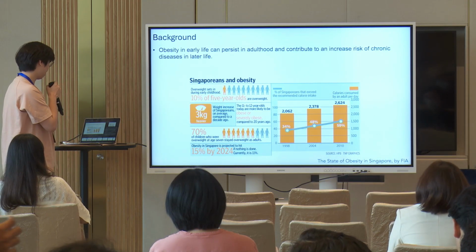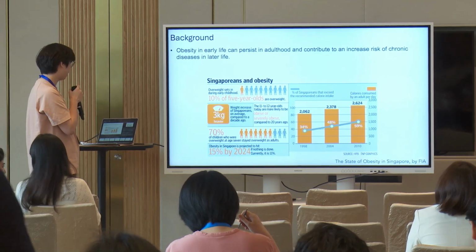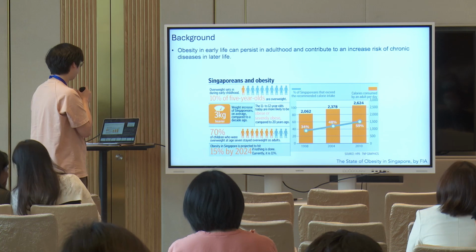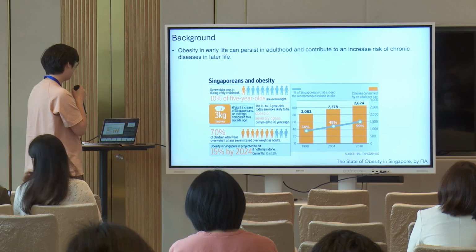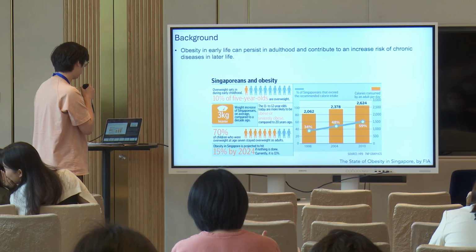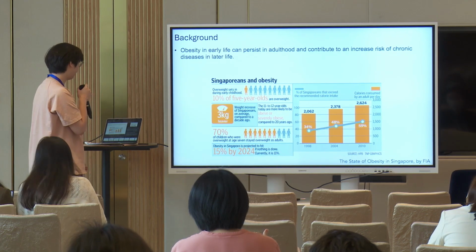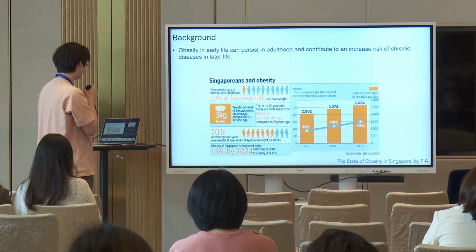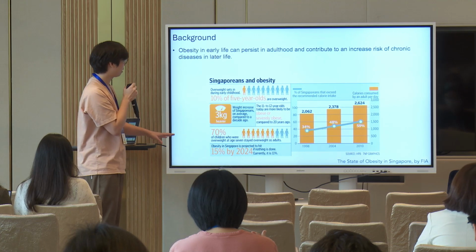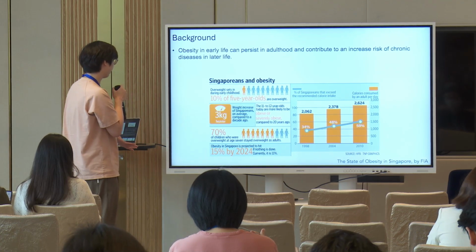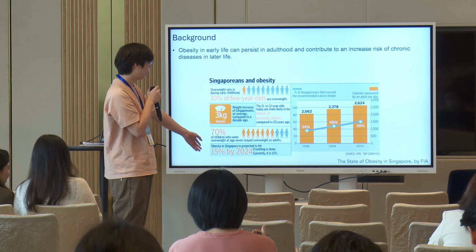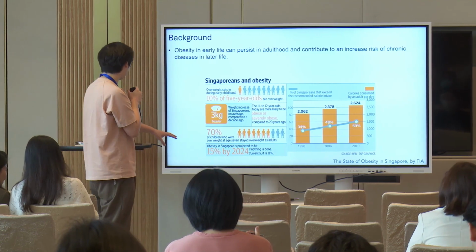So the influence of obesity in early life can persist into adulthood and contribute to an increased risk of chronic diseases in later life. The rising prevalence of child and adolescent obesity poses significant challenges to optimal human development and health longevity. From a previous study in Singapore, 70% of the children who are overweight at age 7 stayed overweight after they grew up to be adults.